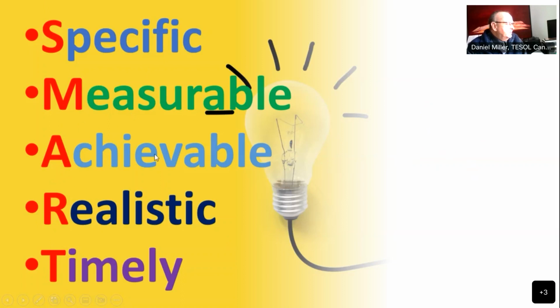It should be achievable, something that the student is able to achieve. It should be realistic in the sense that it has a purpose. It's not just a make-work project. It's an actual assignment that will benefit the student. And timely means that it's connected to the course in a timely fashion so that it makes sense with where you've placed it in the course.